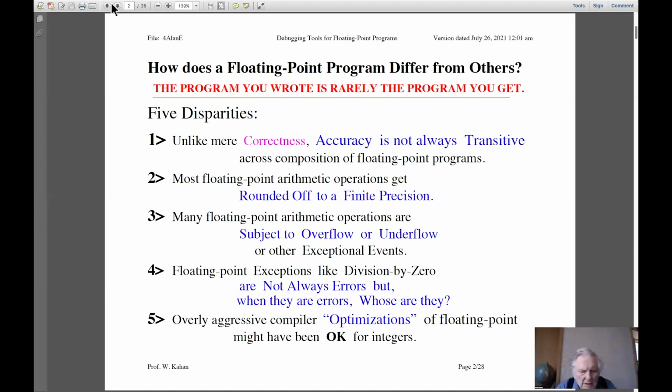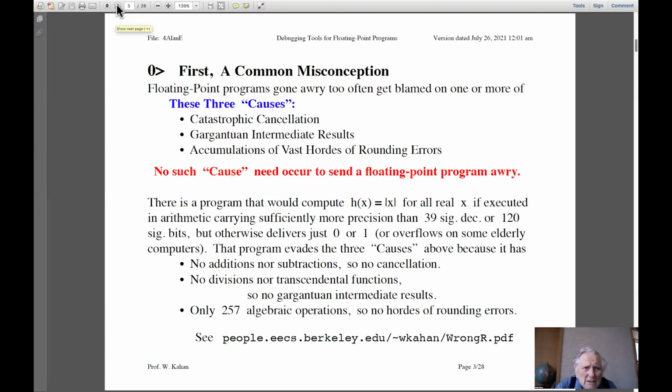The program that you get has been optimized to improve its speed. But sometimes the way you improve the speed that would work for integers doesn't work properly for floating point. The code will run, but then it will not necessarily do what it ought to do.